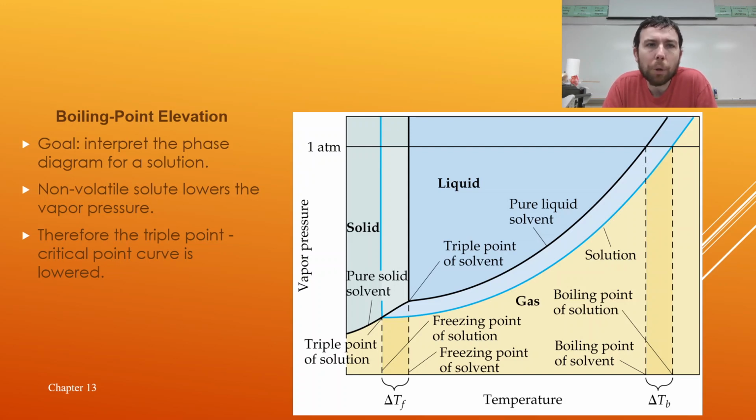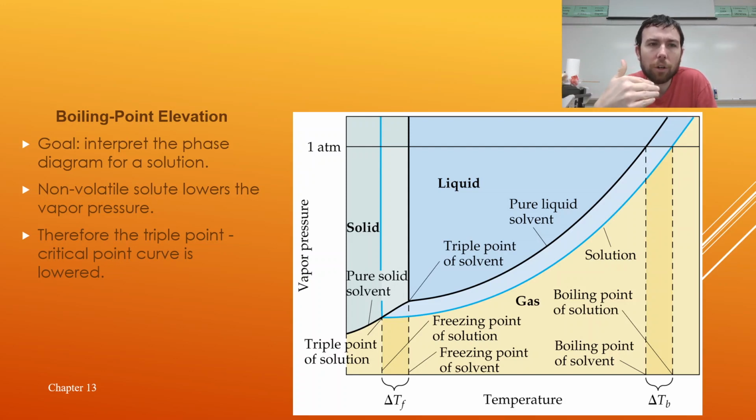Now, when we look at boiling point elevation, our goal is to be able to interpret phase diagrams for a specific solution. So, we introduced phase diagrams earlier where we looked at the solid, liquid, and gas phase of an individual substance, right? Well, now our goal is going to be to do that for a solution.